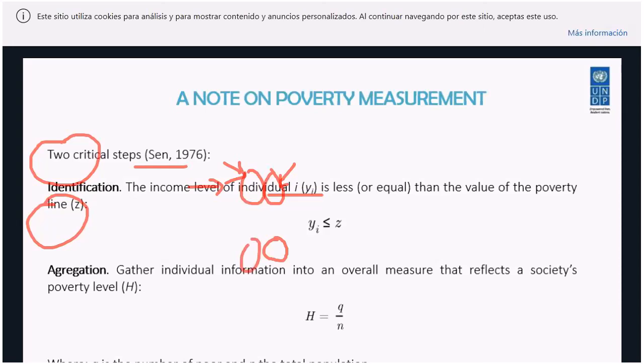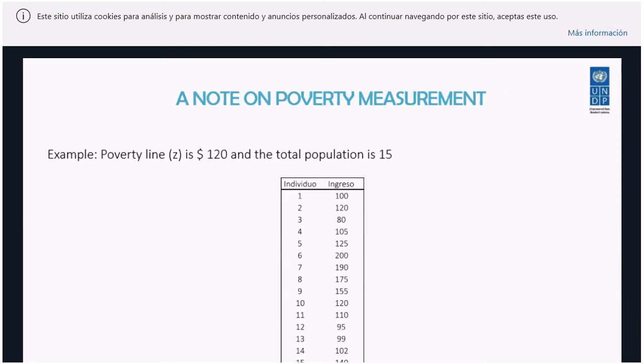So for this example, let's assume that our poverty line is 120 and the total population is 15. We have the 15 individuals here, and the income for each individual. So you can say, okay, this individual is poor. This is poor as well, because it's equal or lower than the poverty line.